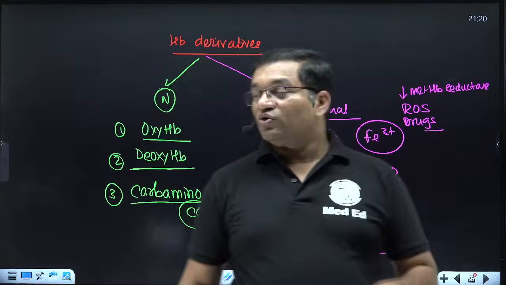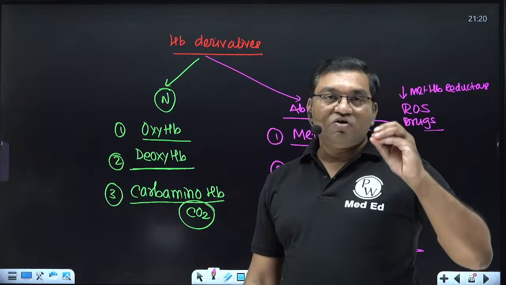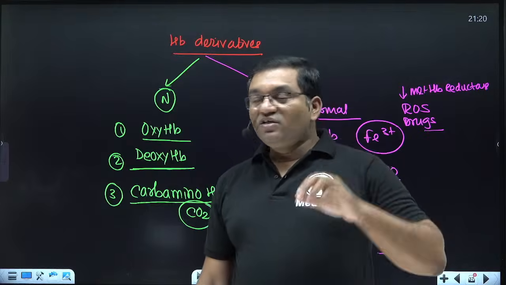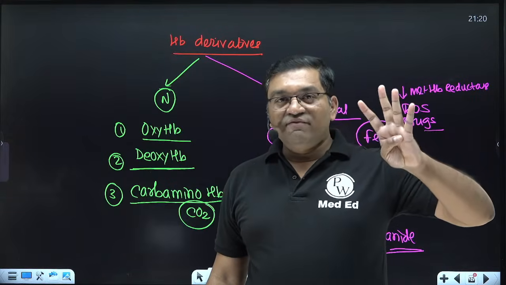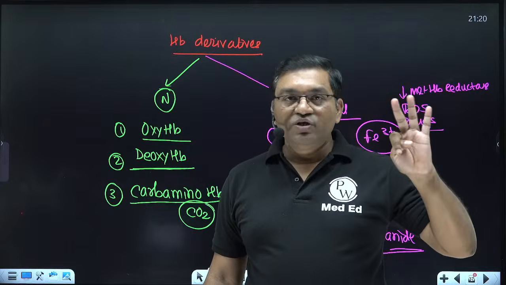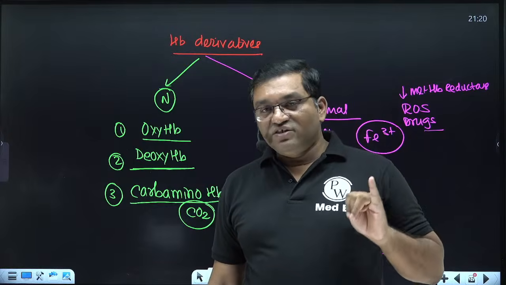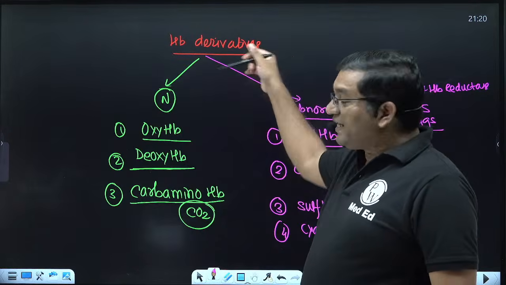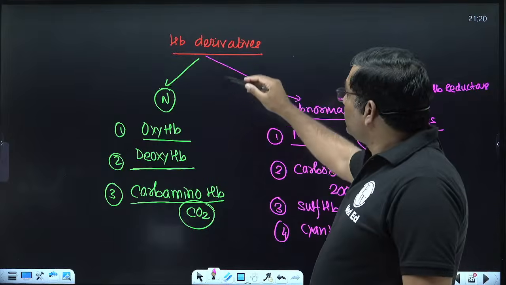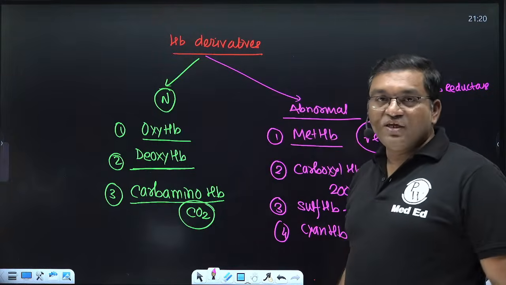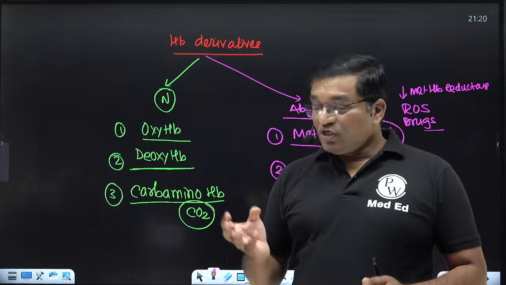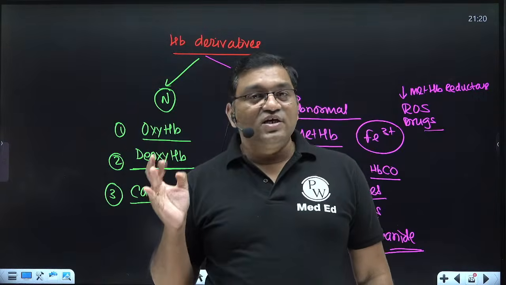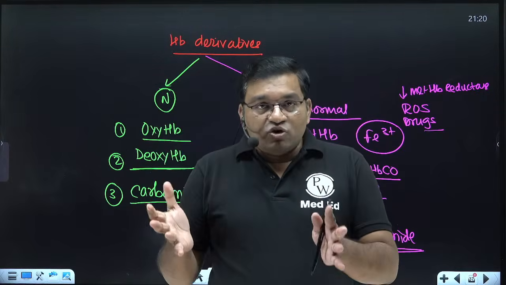You may get a short note on hemoglobin, normal hemoglobin molecules and the hemoglobin derivatives. Normal hemoglobin means hemoglobin A, hemoglobin A2, hemoglobin F, and HbA1c. And abnormal hemoglobin means hemoglobin S, hemoglobin C, hemoglobin M. These are the abnormal hemoglobin, produced by mutation.